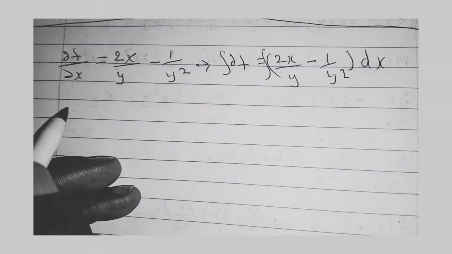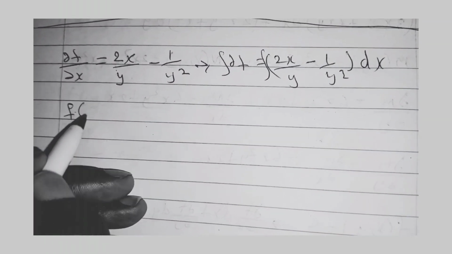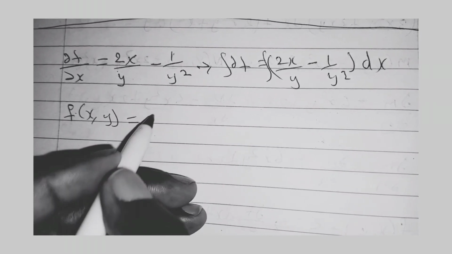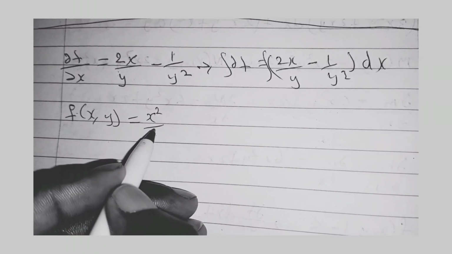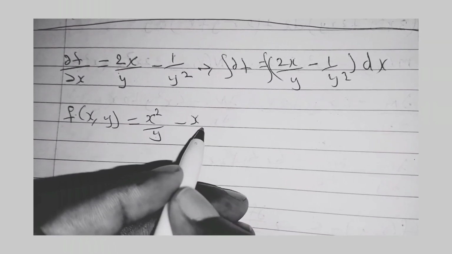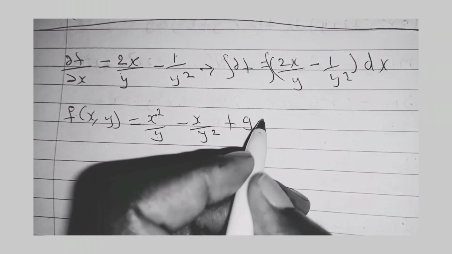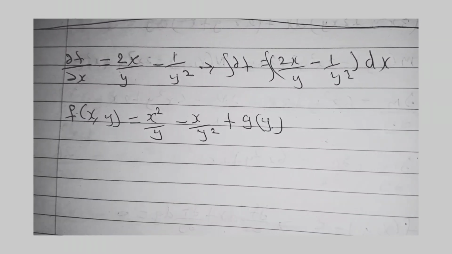So integrate both the left hand side. On the left hand side, when we integrate, we are going to get f of x, y is equal to x squared over y minus x over y squared plus g of y, a function of y.